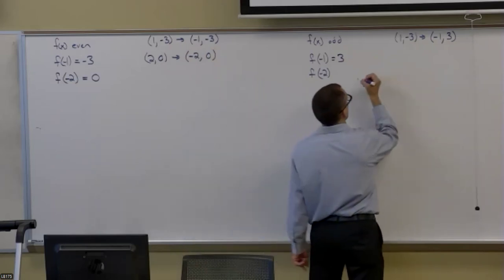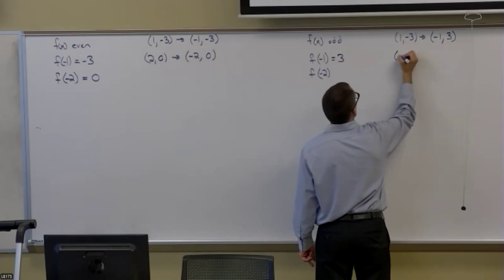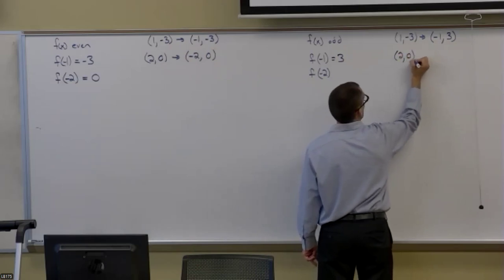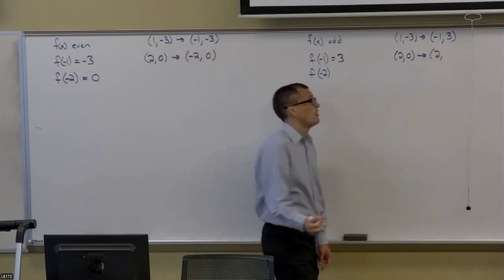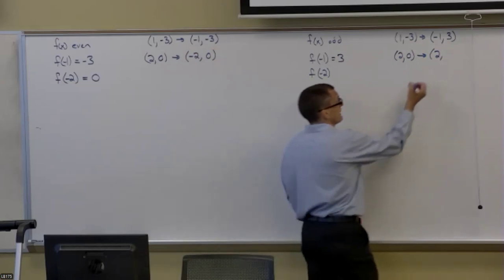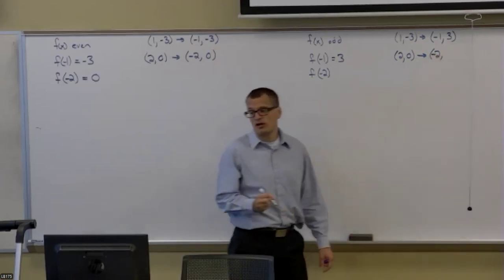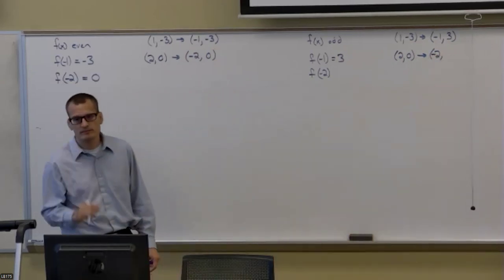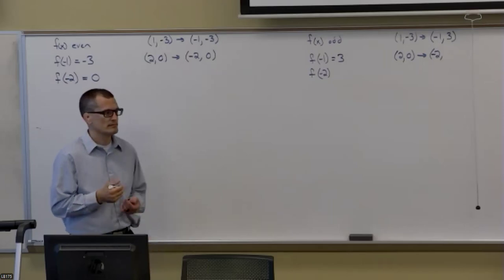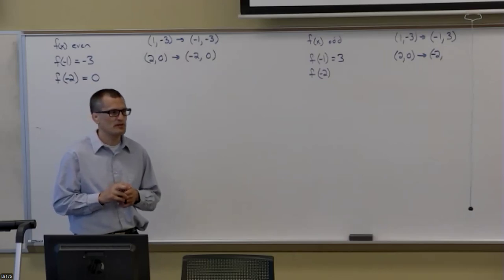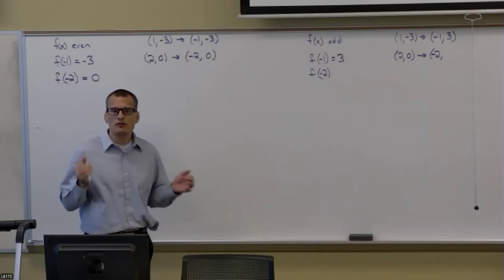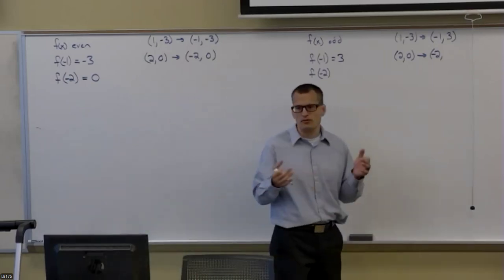Here's the interesting one. If we know our function goes through the point (2, 0), what y value do we get out when we plug in a -2? It would also be 0, exactly, because the negative of 0 is still 0.